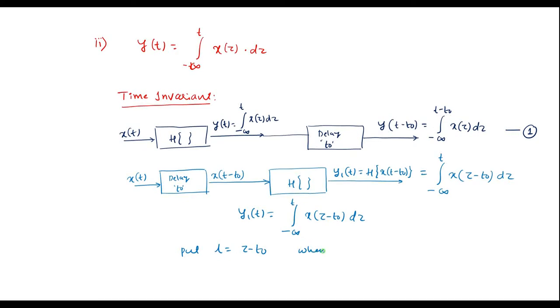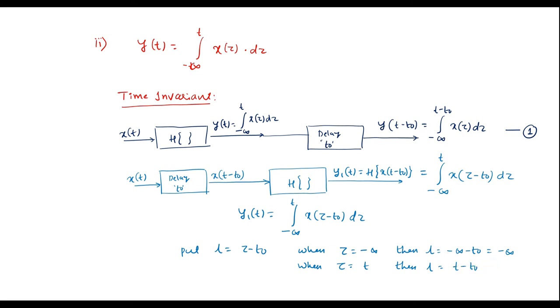In this case, the variable is tau. When tau is equal to minus infinity, then L will be equal to minus infinity minus t naught, which is nothing but minus infinity. Similarly, when the upper limit tau is equal to t, then L will be equal to t minus t naught.